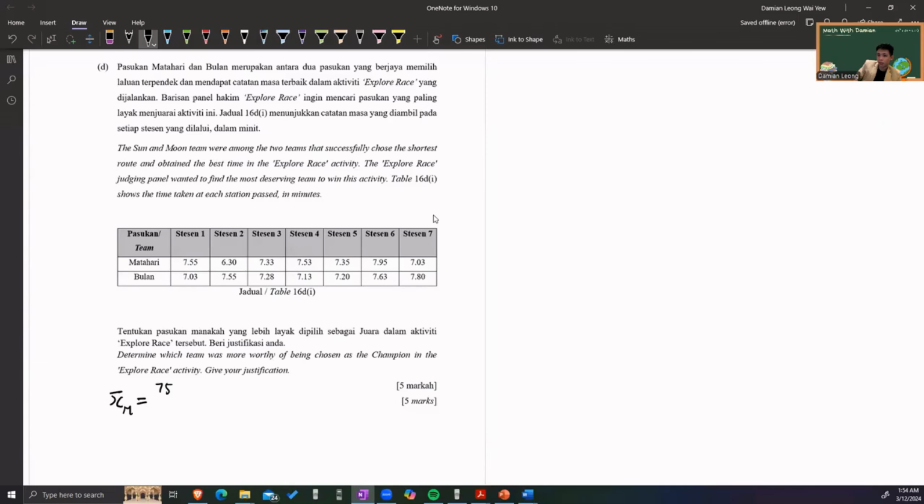So to find the mean, we add up each of the values here, each of the times here. Divide by the total number of stations, which is 7.